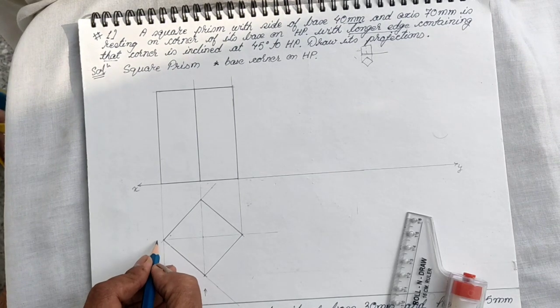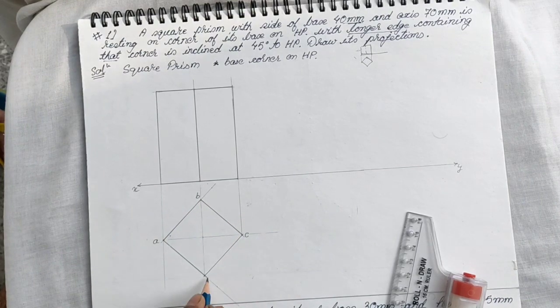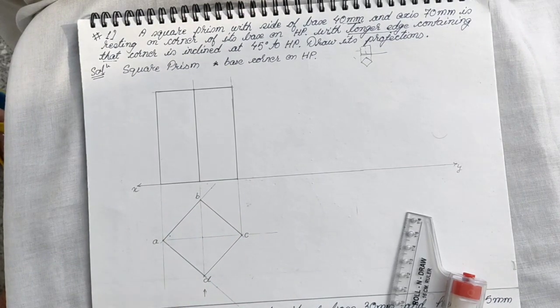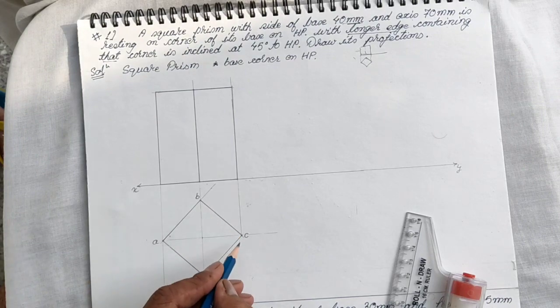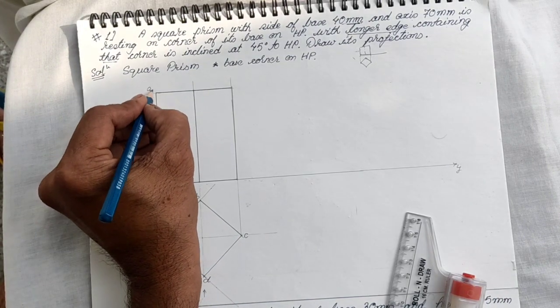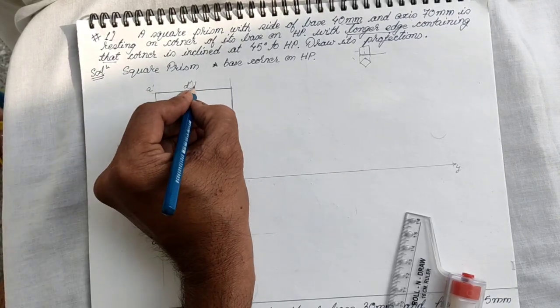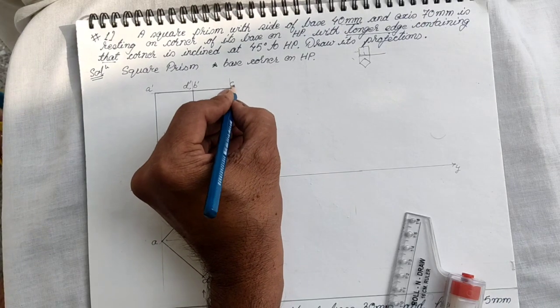First we give the names A, B, C and D. This name we have given to the top base. So this is A dash, D dash, comma B dash, and this is C dash.